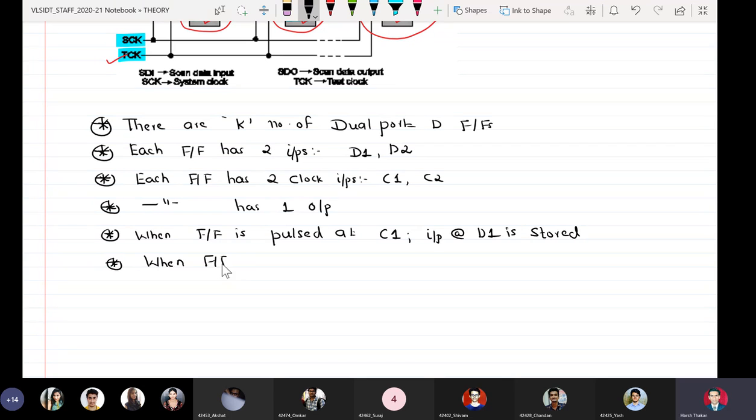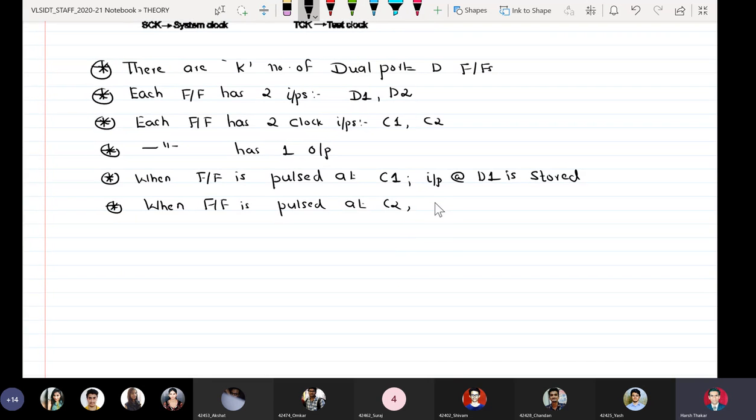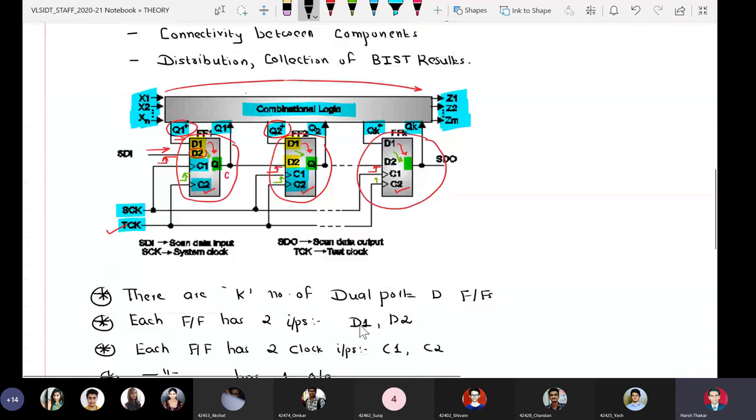When the flip-flop is pulsed at C2, the input at D2 is stored.